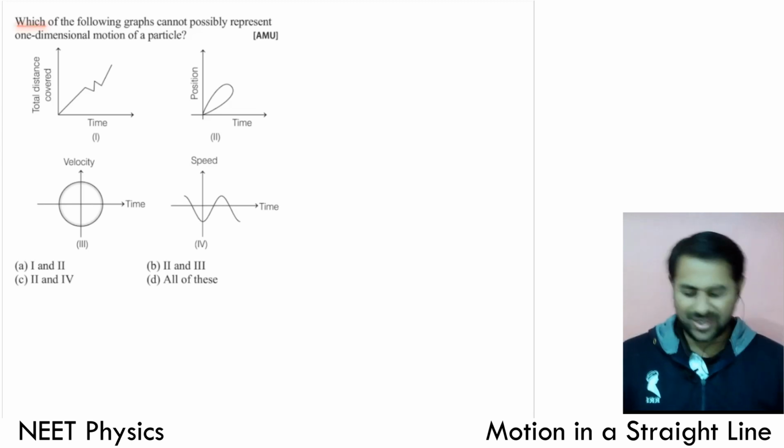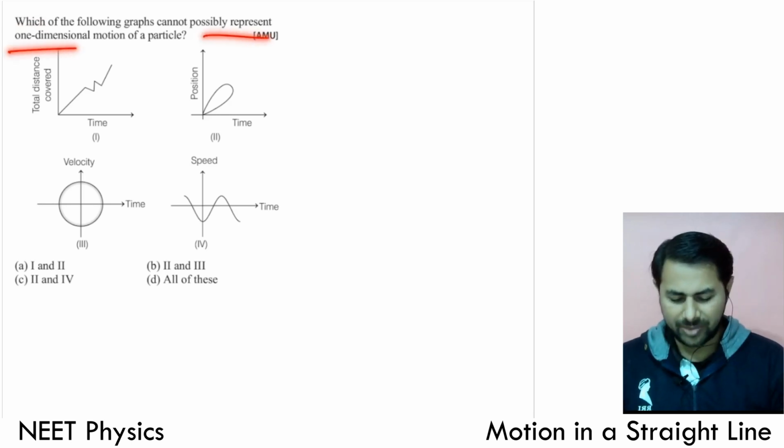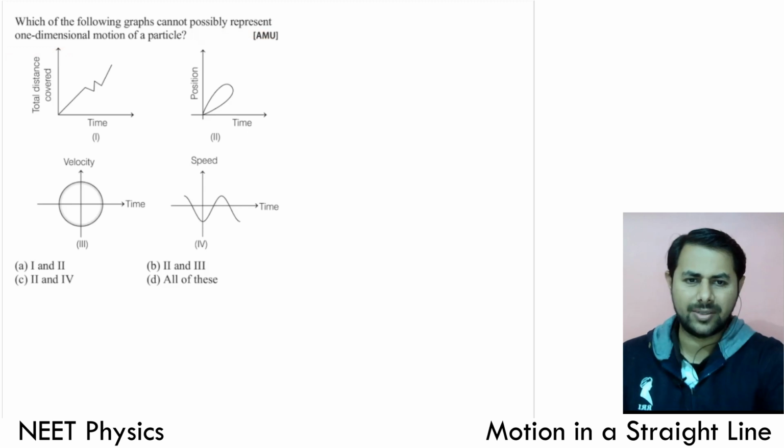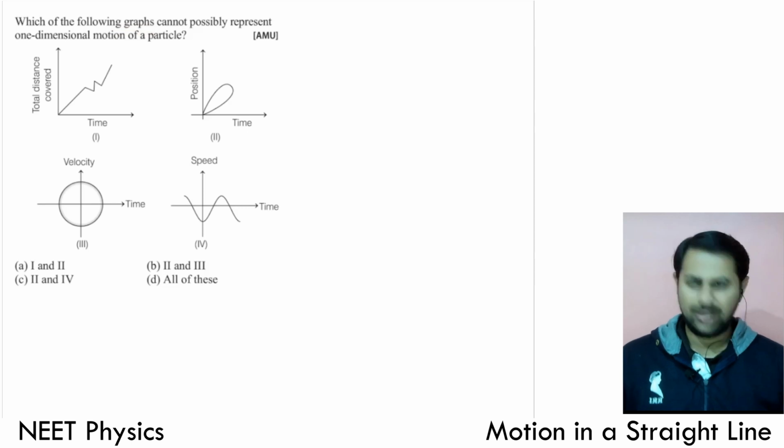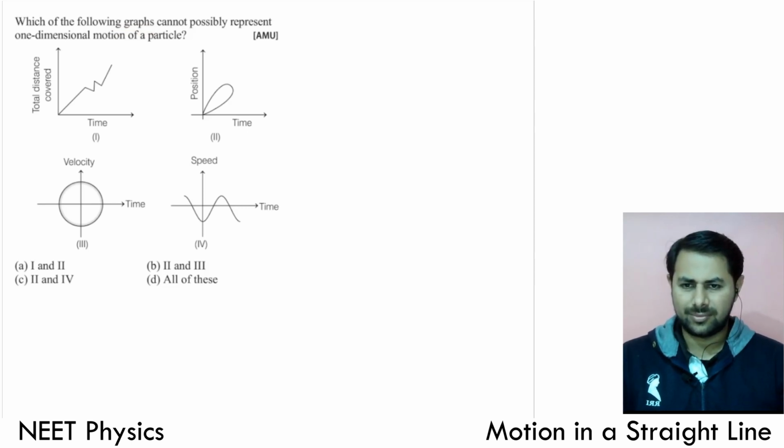All right, which of the following graphs cannot possibly represent one-dimensional motion of a particle? Anyone? Is it option B?